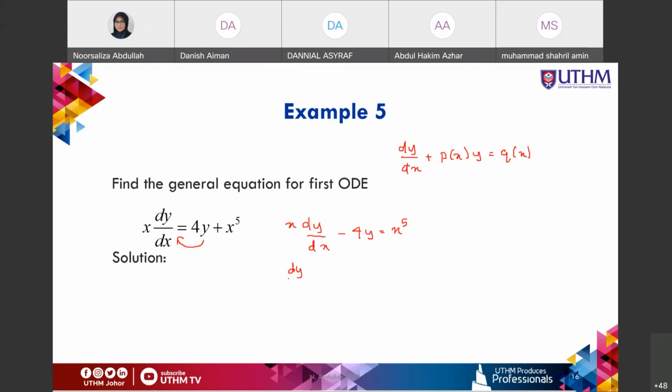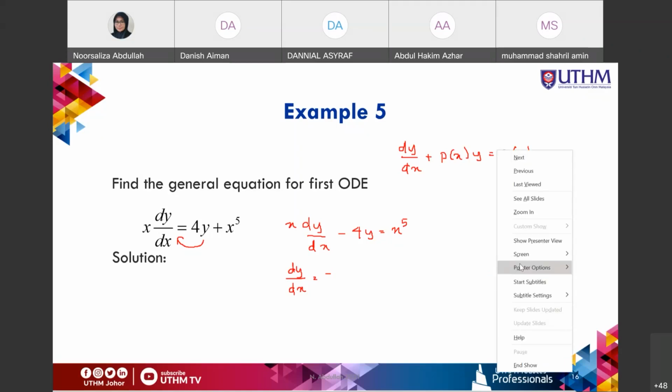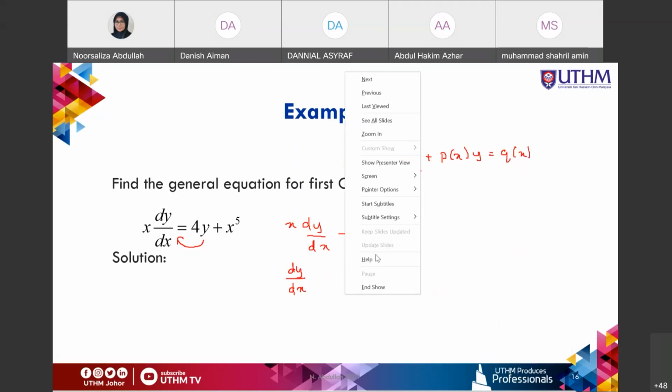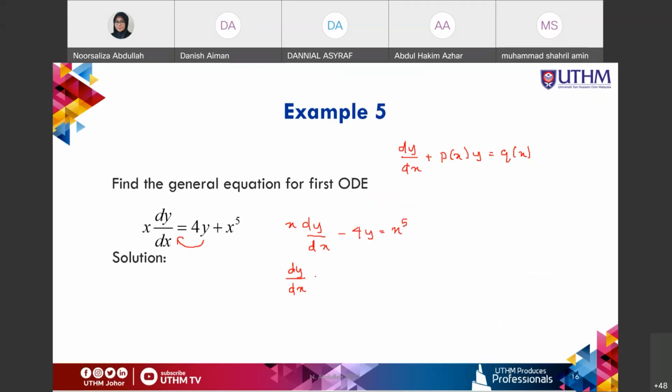Then you have dy over dx equals to minus 4 over x y equals to x kuasa 5 per x. Yang ini x per x, cancel. So dy over dx minus 4 over x y equals to x kuasa 4.